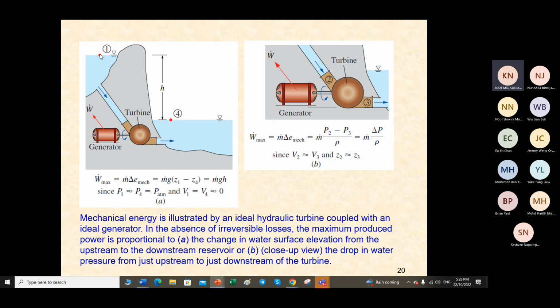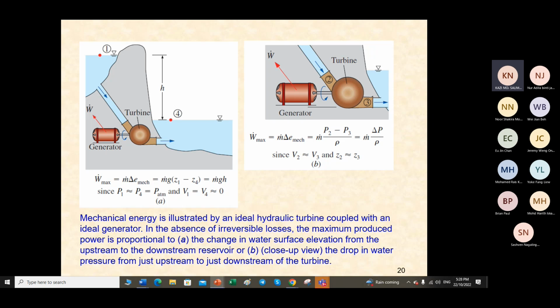And here also the same, so the change of kinetic energy is zero, V2 is equal to V3 and Z2 is equal to Z3. So those terms will be cancelled out, remaining the energy output M into delta P by rho.